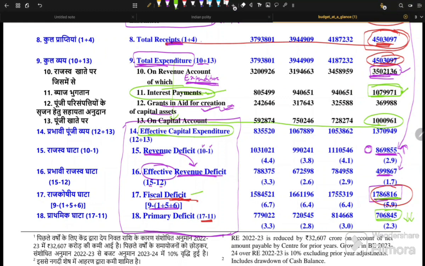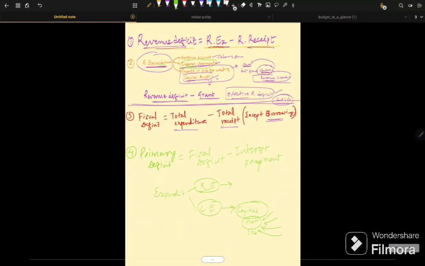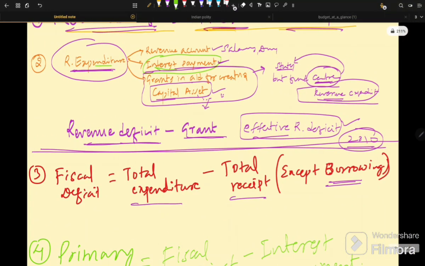Okay, this is the capital expenditure, but we have an effective capital expenditure. See, I already said grants in aid for creation of capital assets are included under revenue expenditure. See the image, you will get it. Grants in aid for creation of capital assets are included under revenue expenditure. But what is the actual expenditure? It is meant for capital creation.